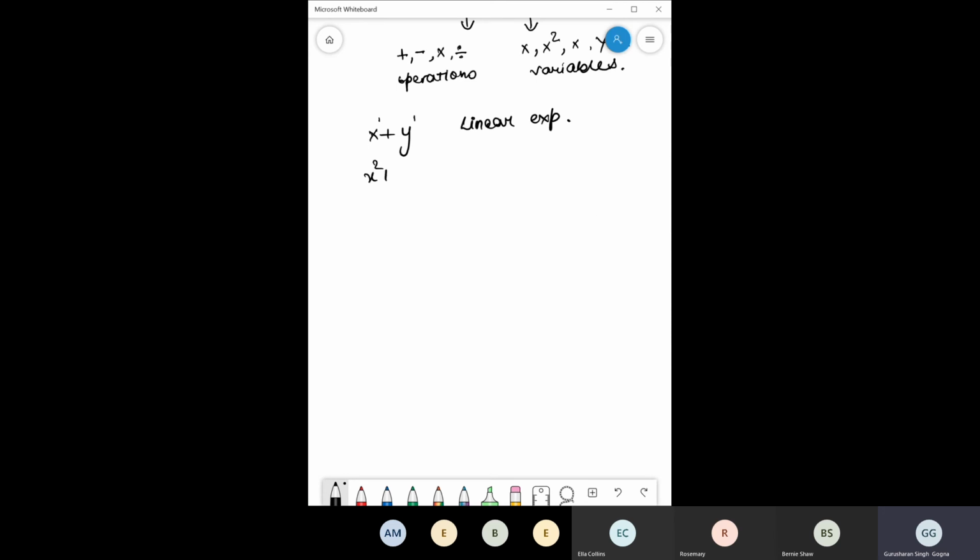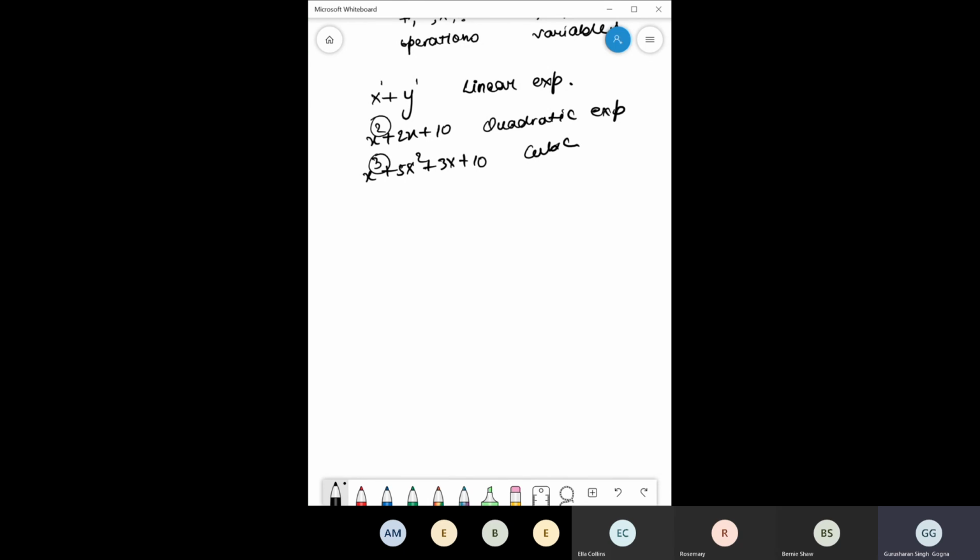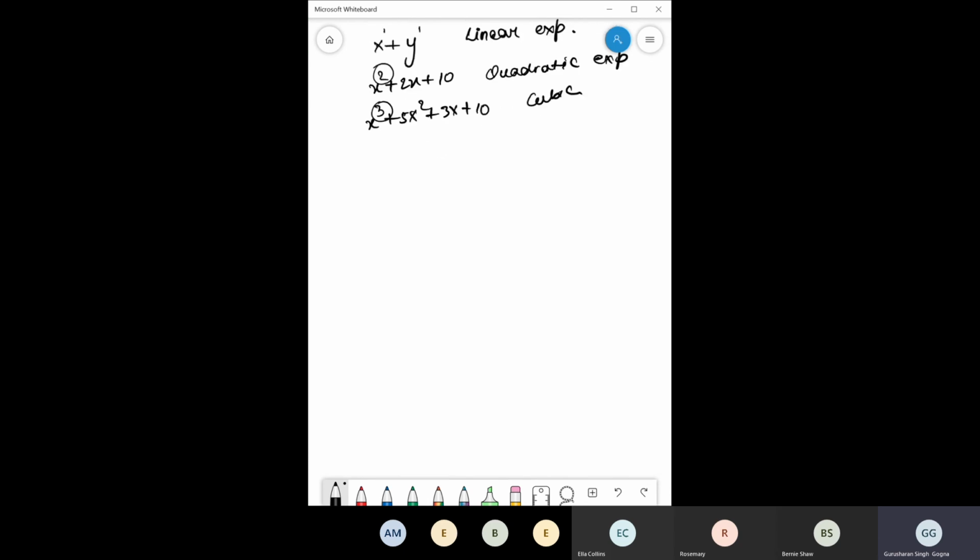If I say x squared plus 2x plus, let's say, 10, it's called quadratic expression because the highest power is 2. If I say x cubed plus 5x squared plus 3x plus 10, it becomes cubic. So the highest power is 3 here. Okay. So depending on the power, you can say whether it is linear, quadratic, and cubic.